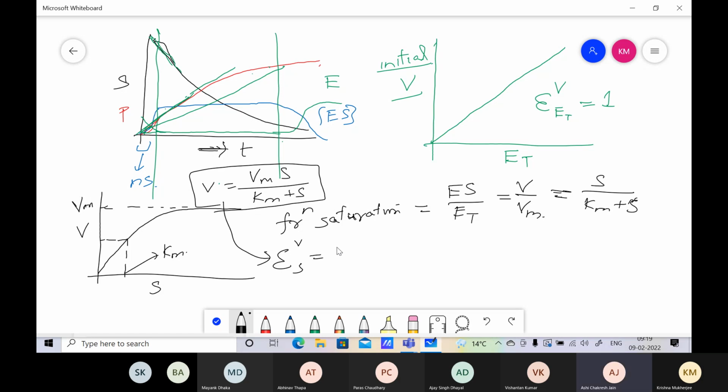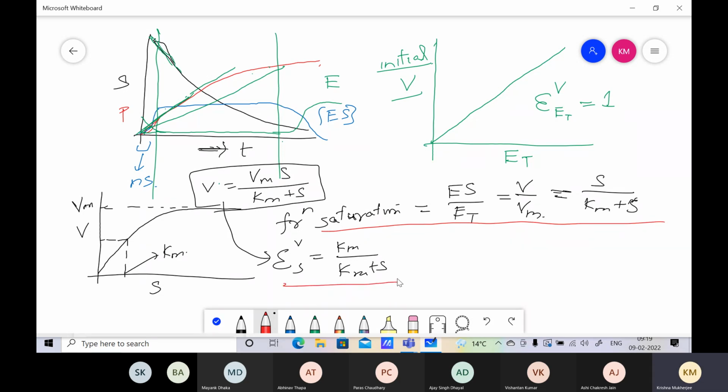Km by Km plus S. So you can see that the fractional saturation is this and the elasticity of V with respect to S is this. So very clearly, what is the relationship between the two? The elasticity of V with respect to S is equal to 1 minus the fractional saturation.